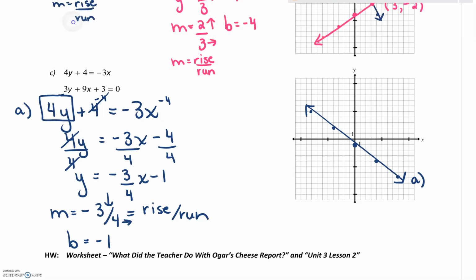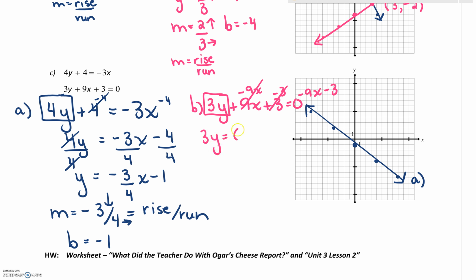Now B, for me, is going to be in pink, and that equation is also not in y equals mx plus b since it's in standard form. So we're going to want to find the 3y completely on its own by subtracting 9x on both sides and by also subtracting 3 on both sides. So when I do that, I'm left with 3y equals 0 minus 9x minus 3.